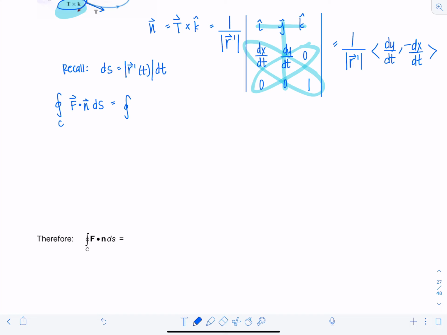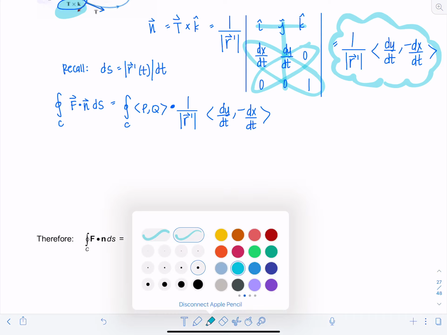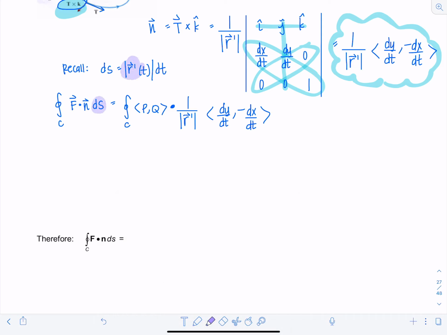And I can write that as line integral over C, F was P, Q, dotted with N. I have N right here. Okay, so that's going to be 1 over magnitude of r prime times dy/dt, negative dx/dt. And then this ds here, I'm going to replace it with magnitude of r prime of t dt.